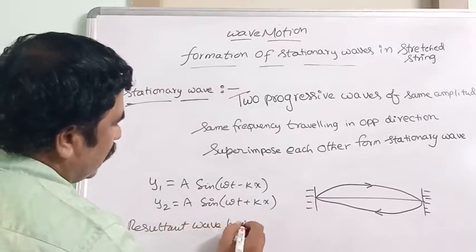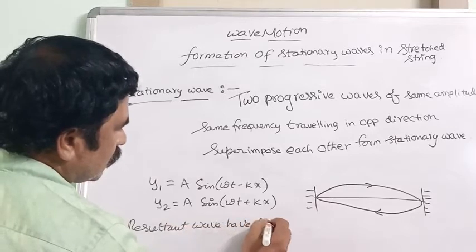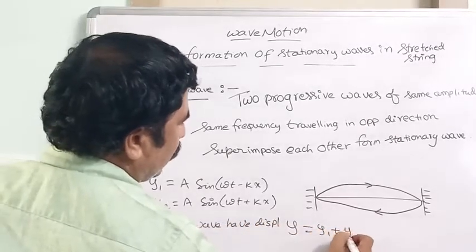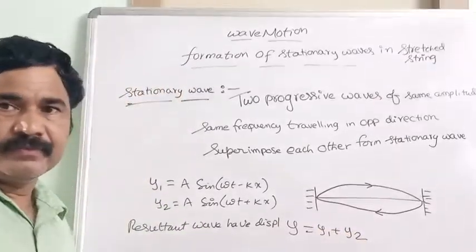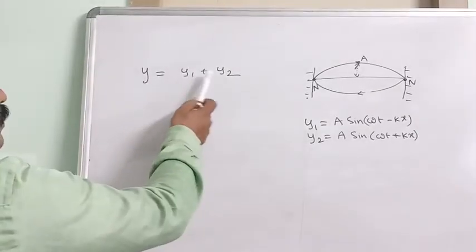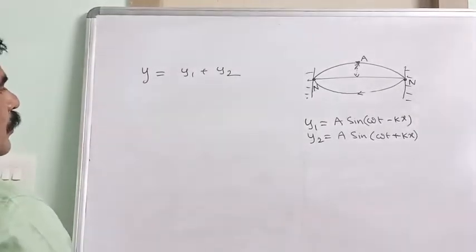has displacement y equal to y1 plus y2. The total displacement is the first displacement y1 plus the second displacement y2.